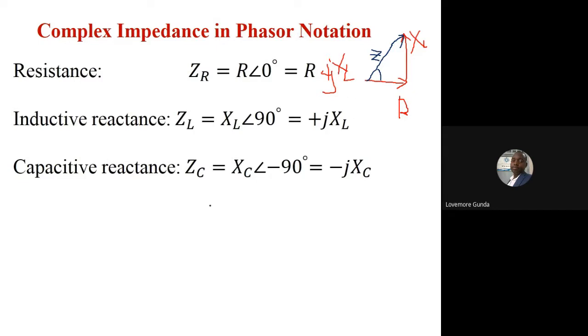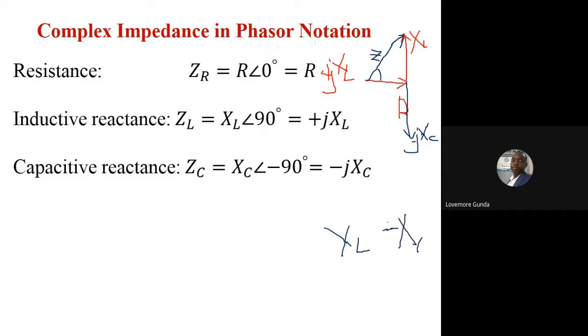However, when you're talking about R plus R, it was straight away to R. But when there is a complex component, the plus J is going up, the minus J is going down, right? So this is minus JXC. So if we look at that in terms of the components, you realize that for XL and XC, you can easily add and subtract, right?